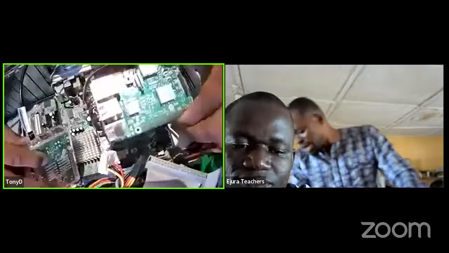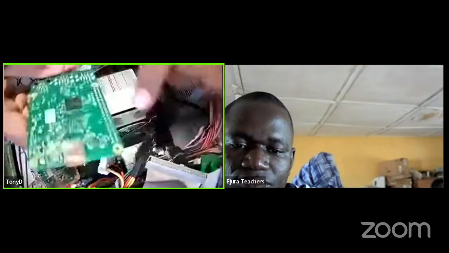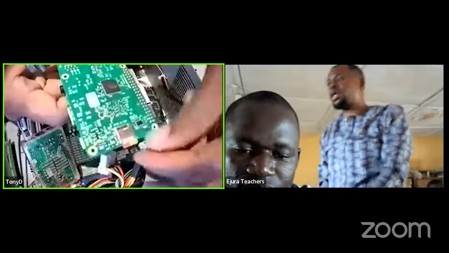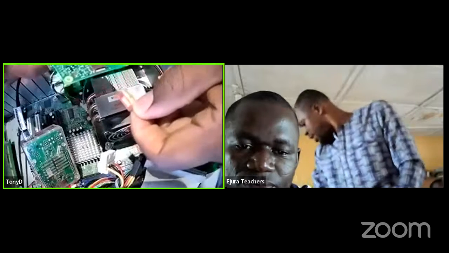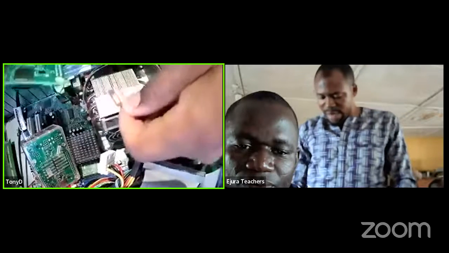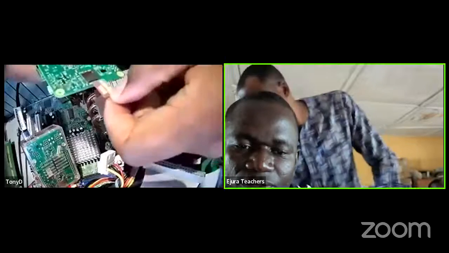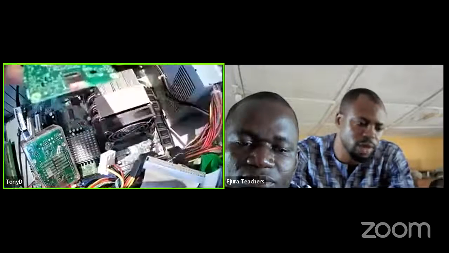I took this out. This is the memory right here. This is the storage, where it stores information. You just put it right back, and you are good to go.